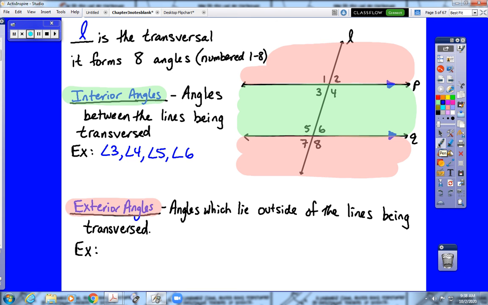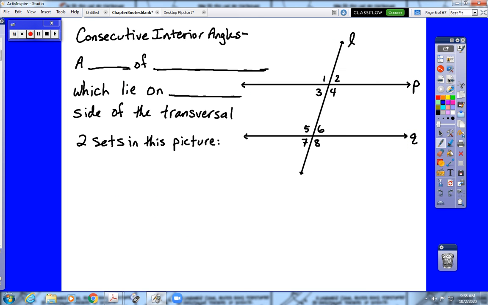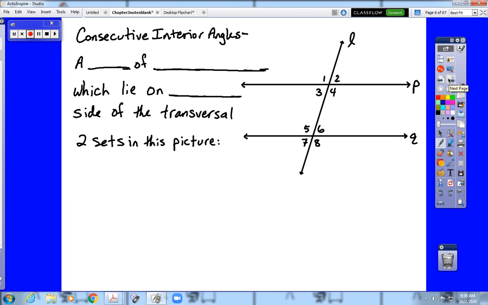So our exterior angles would be angle 1, angle 2, angle 7, and angle 8. Now, more specifically, we're going to be looking at the relationships between angles at different points of intersection. So relationships between angles 1, 2, 3, and 4, one of those, and an angle from 5, 6, 7, and 8. And the first of those relationships is a vocabulary word, consecutive interior angles.